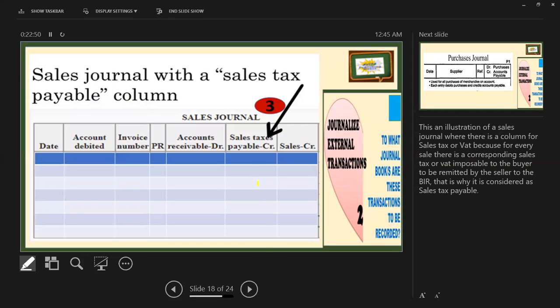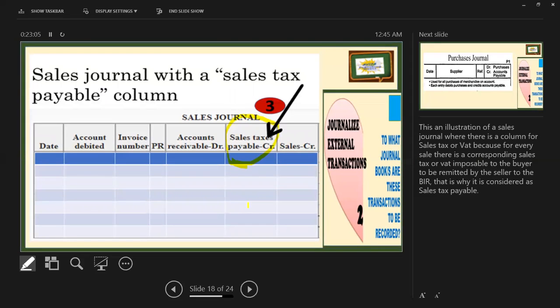So sales is usually with percentage tax or VAT. If the business is subject only to percentage tax, a column for sales tax can be included in the sales journal.